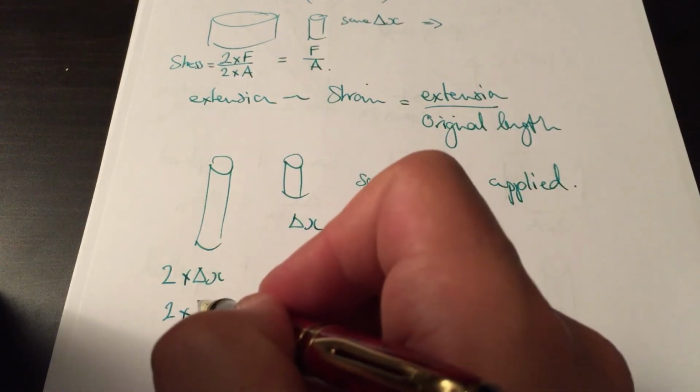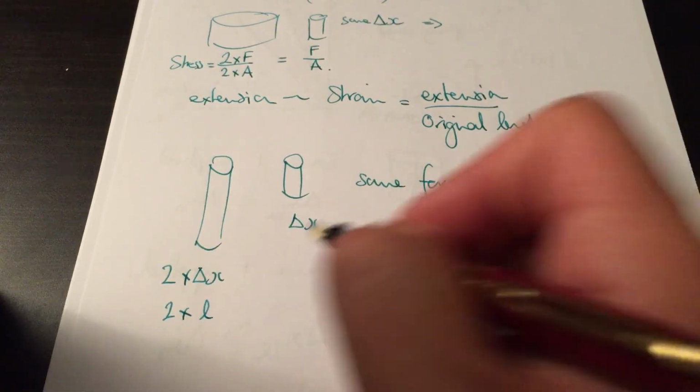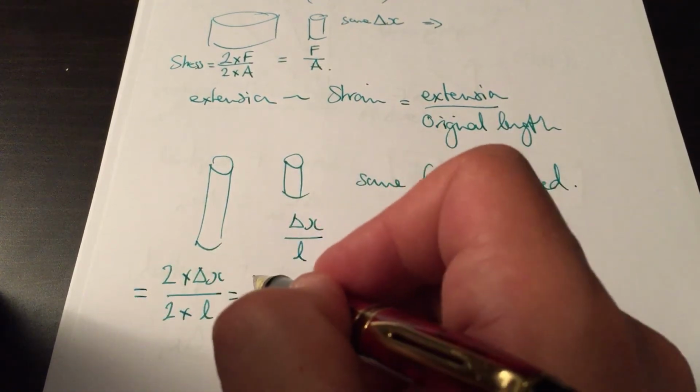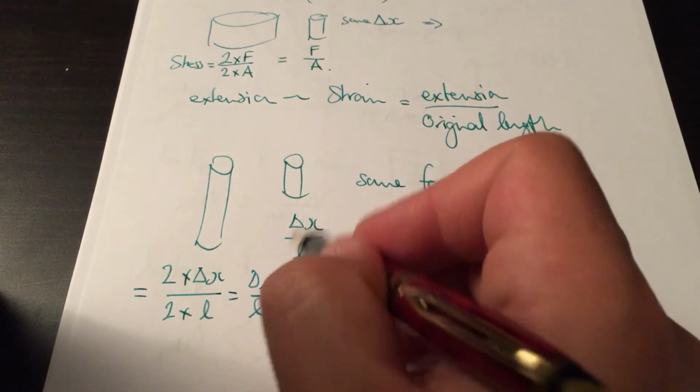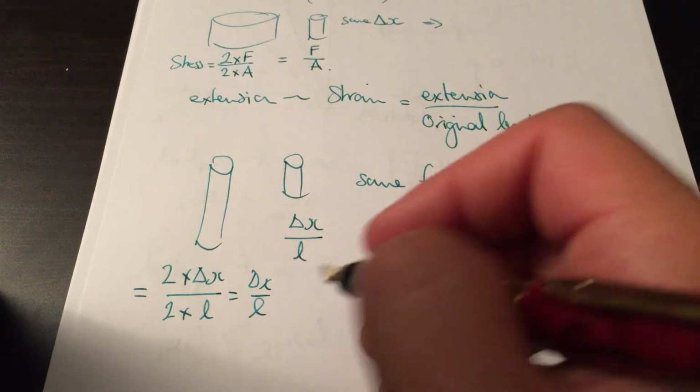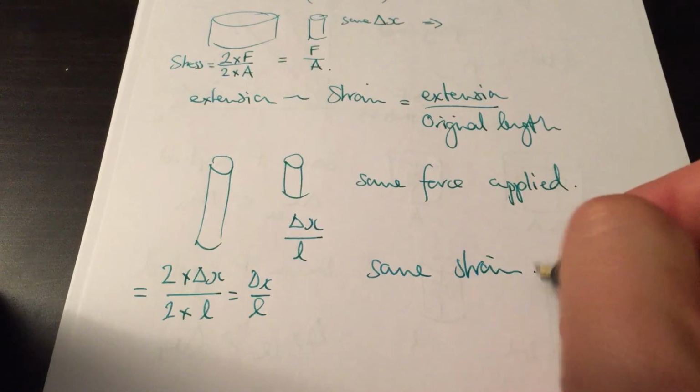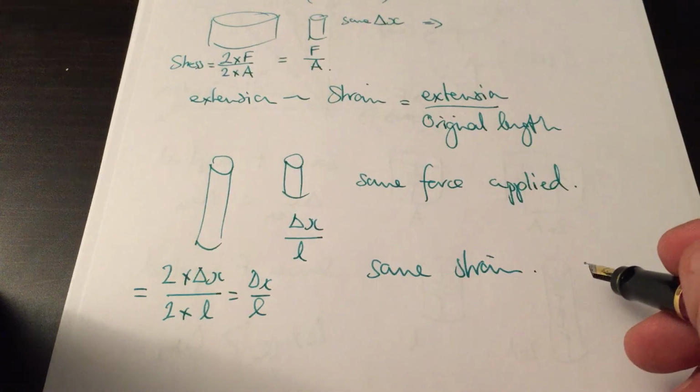However, you have twice the starting length as this one. So if you divide the two, you get delta x over L. The same thing is achieved when you work out the strain, so the same strain. So once again, it's dimensionless.